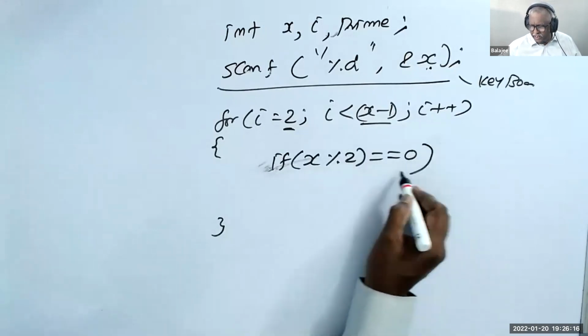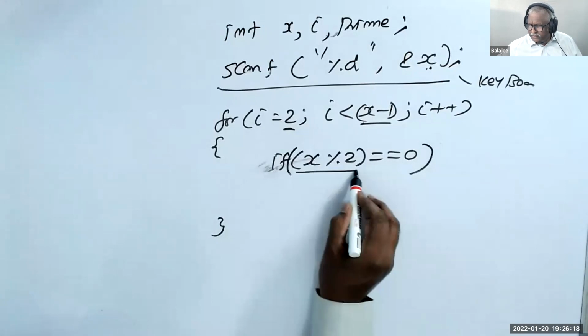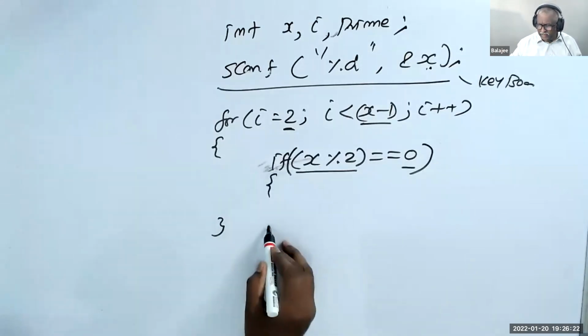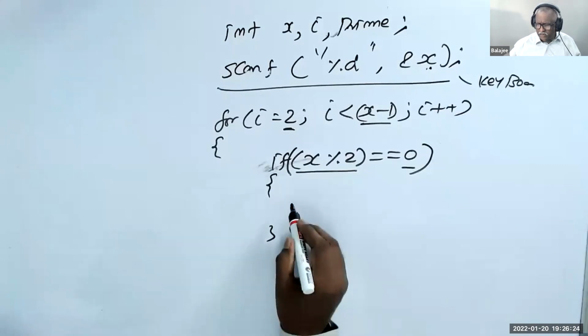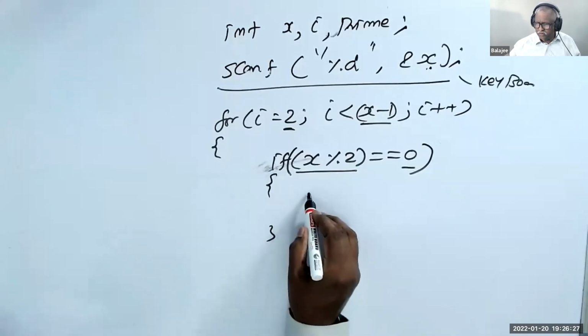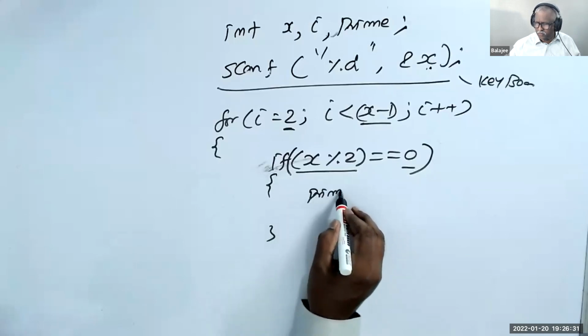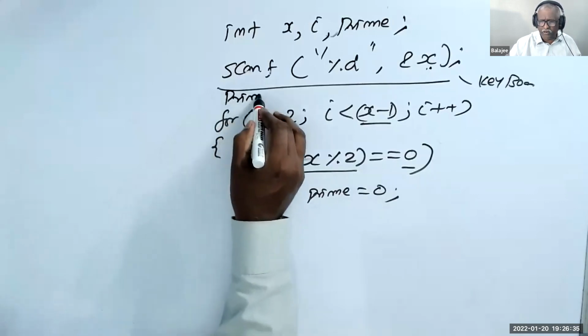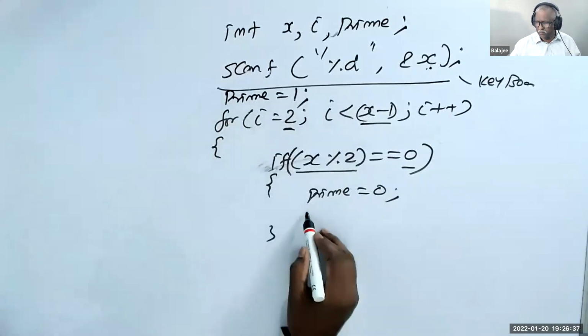So now I'm checking whether this guy is having a remainder 0. That means it's a factor. If it's a factor, I write here prime is equal to 0, but I assume the number is prime initially. Break.